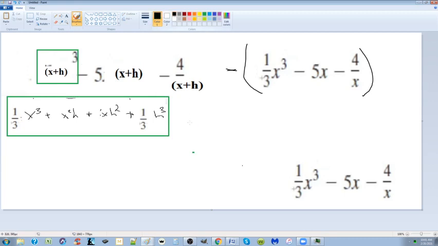I'll keep it in red. Minus 5h. Minus 5x. Minus 5h. And that is this. And this one, we just leave it as is.